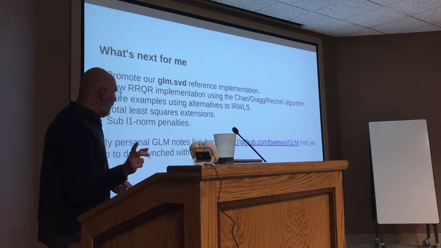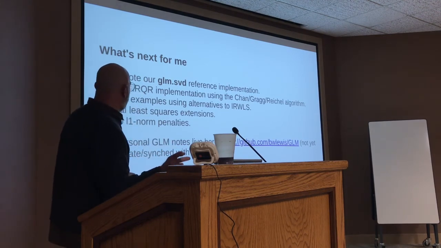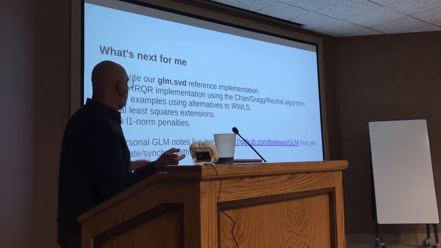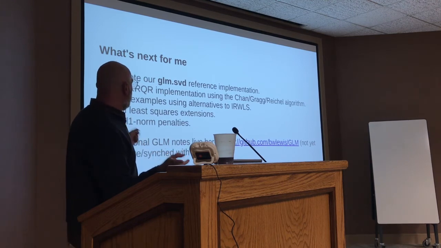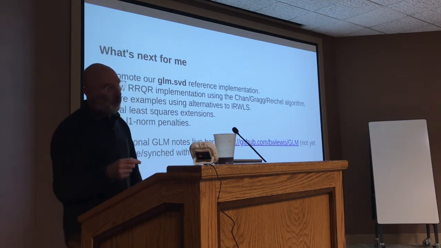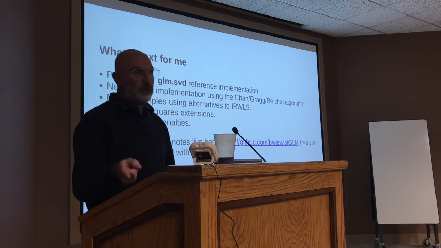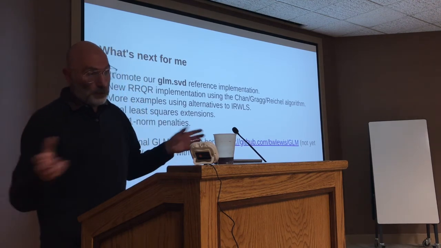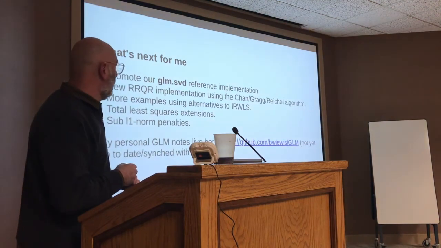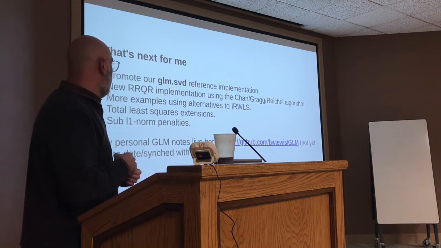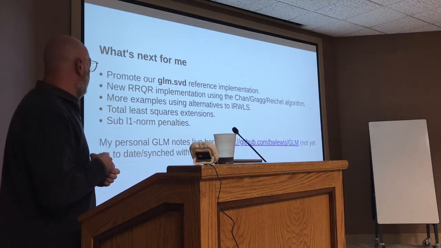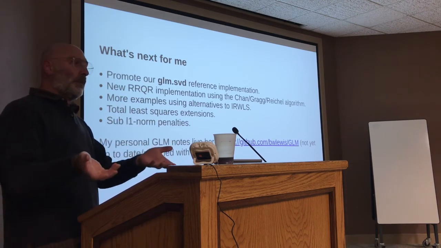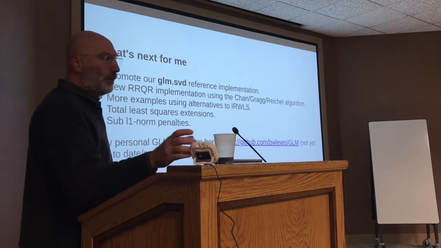Some things I left out that are really interesting are potential alternatives to iteratively reweighted least squares, like using gradient descent or similar methods for super large problems. If I were a grad student, that would be an interesting thing to look at, because if you do a GLM with a neural network, you're using gradient descent, basically.